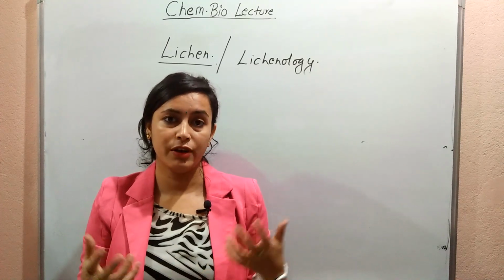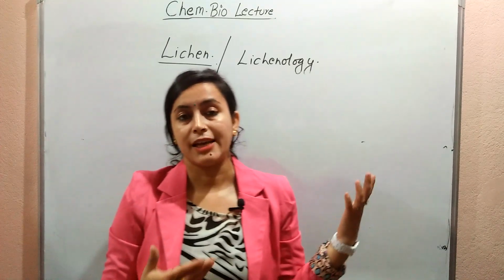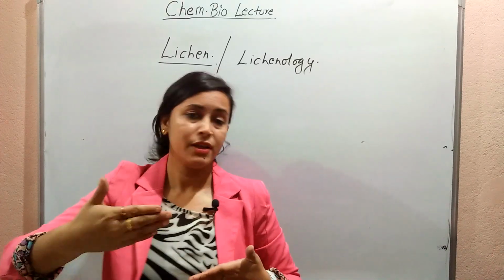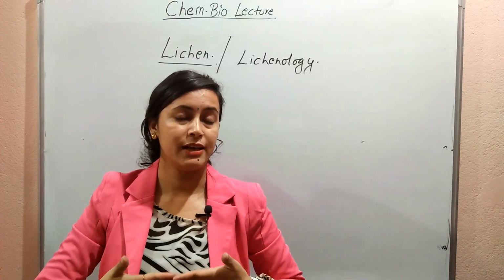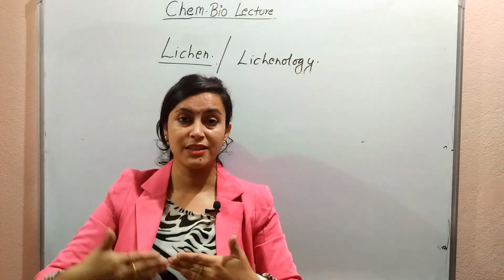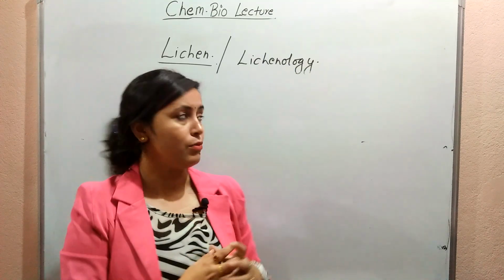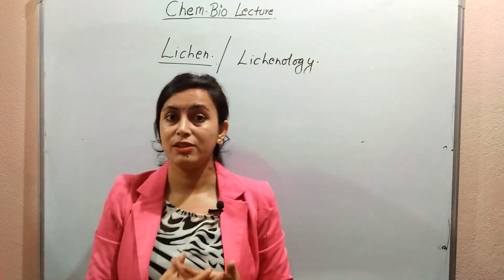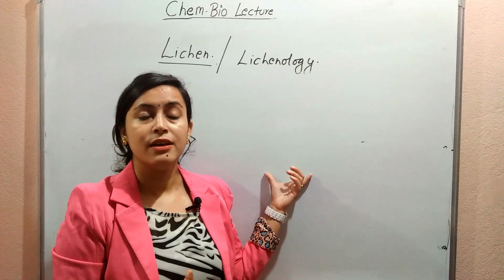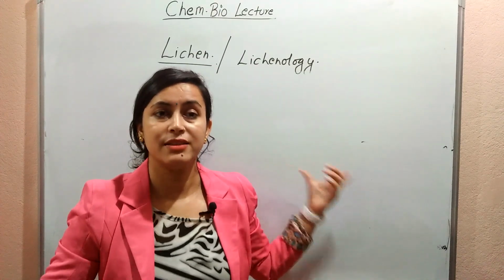There might be the role of other components too. Besides ascomycetes, there might be another fungal component, basidiomycetes. Both ascomycetes, basidiomycetes, and algae, three components, may be forming the lichen. The research on that topic is going on, and the components of lichen are still being studied.